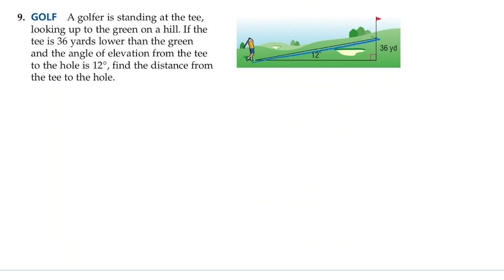That's a little ambiguous, so let's see this one more time. Standing at the tee looking up at the green on a hill, the tee is 36 yards lower than the green. I'm pretty sure it's asking for this distance, but I could be wrong. So this is opposite, and this is hypotenuse.